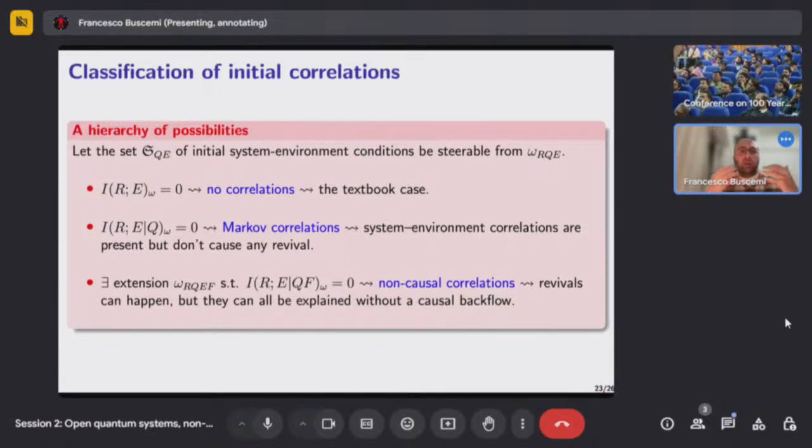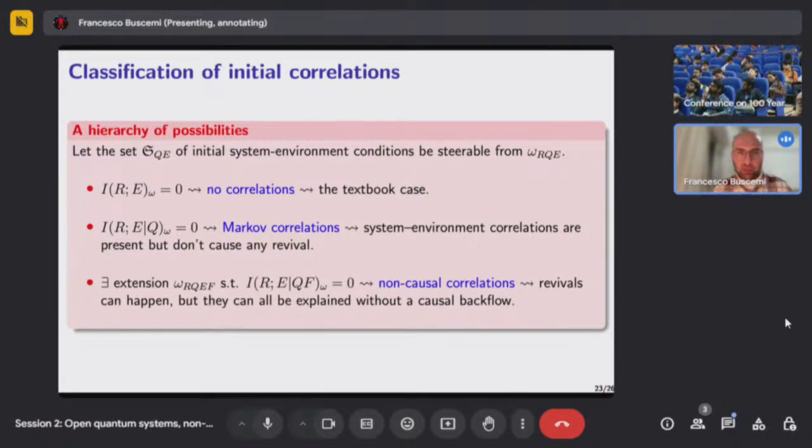Or when your evolution is non-divisible, right? So the separation between these two cases is not enough somehow. I mean, if we were only to look upon Markovian versus non-Markovian, we would be missing something from the picture that is the role of the causality of the explanation.